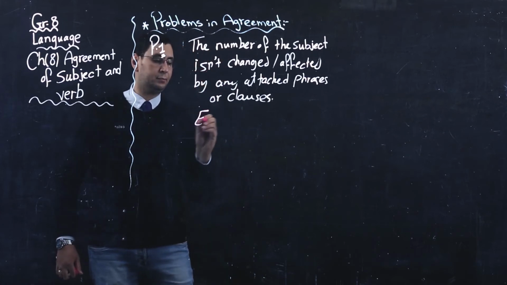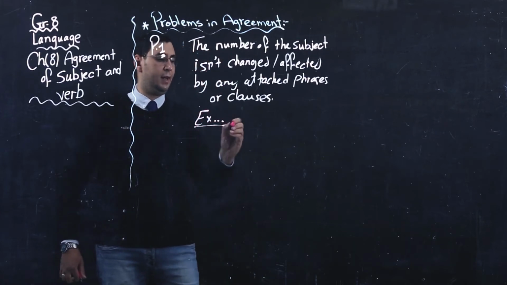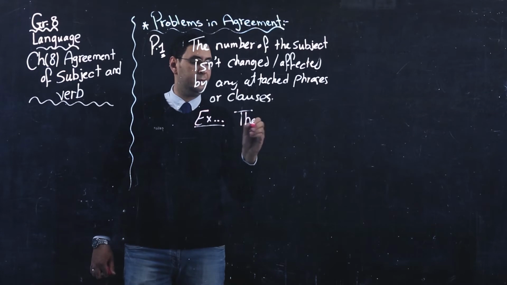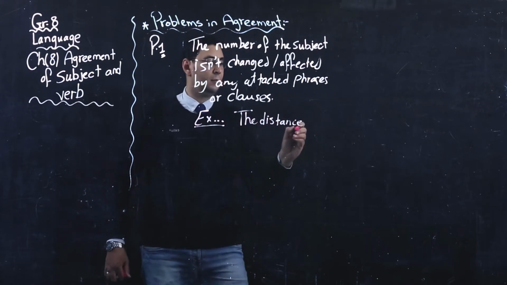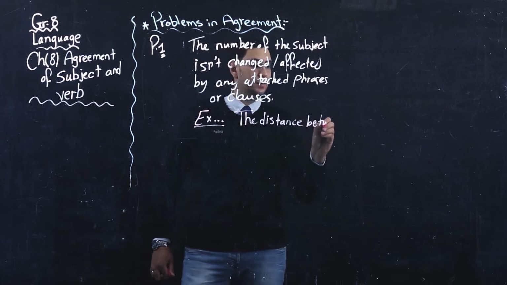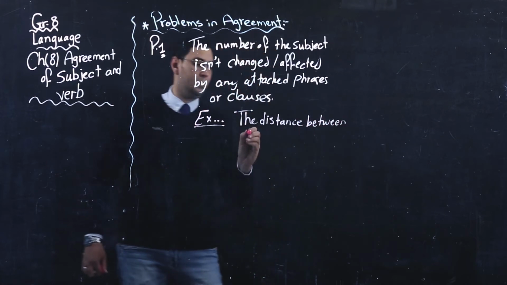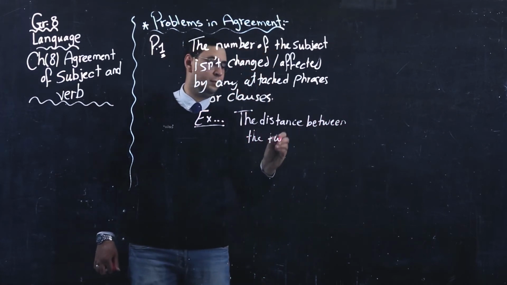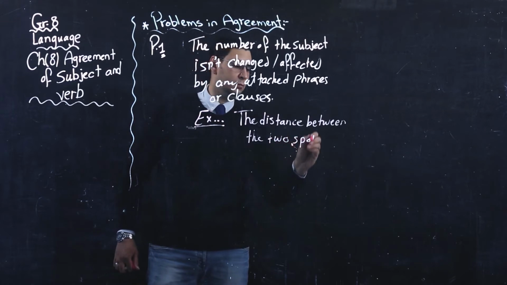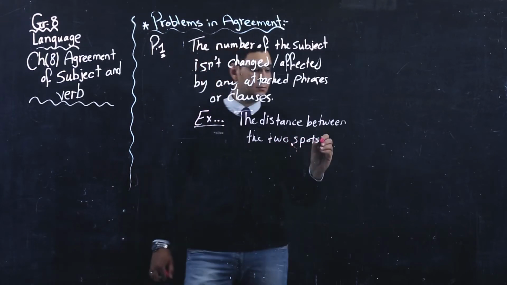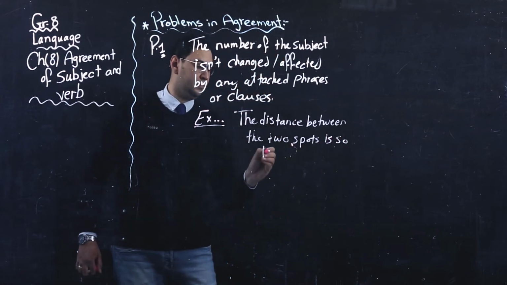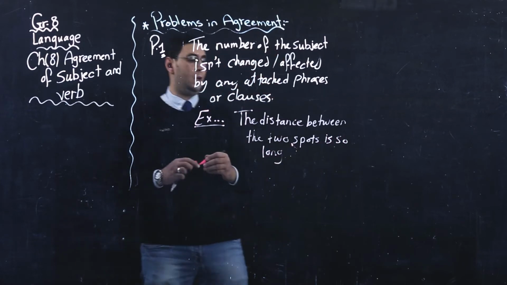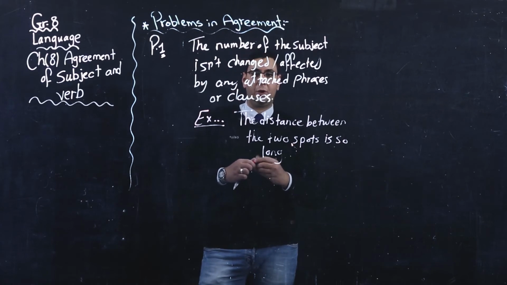Example for this: the distance between the two spots is so long. So here I think that we have two confusing words.